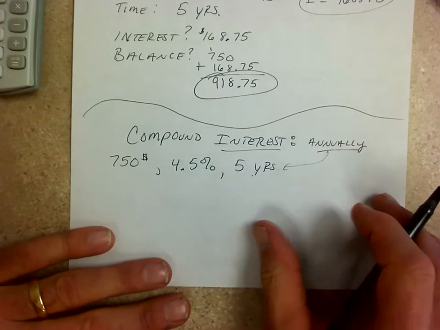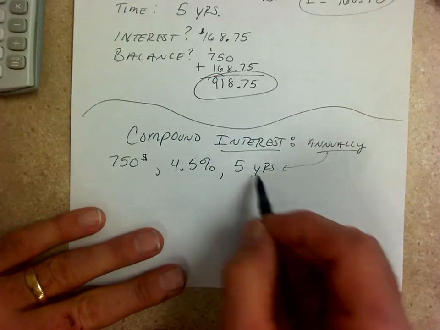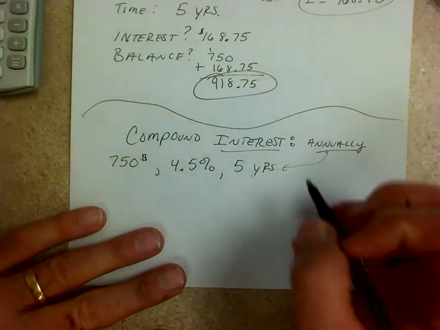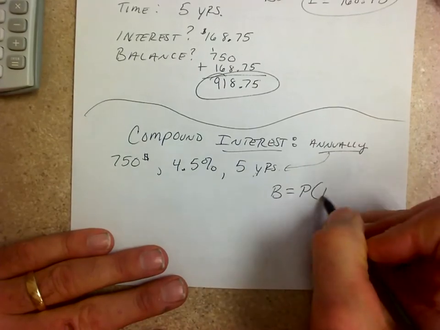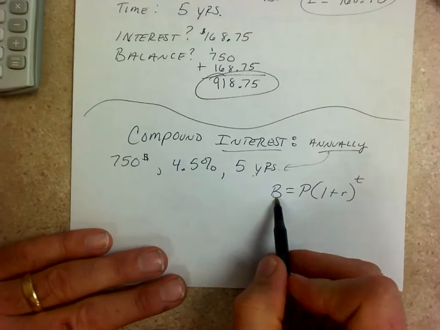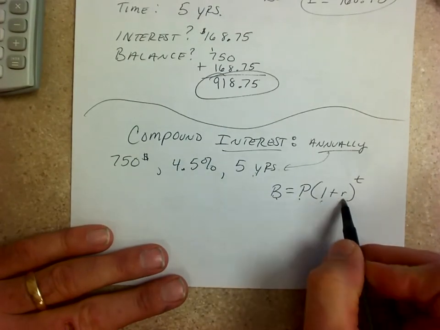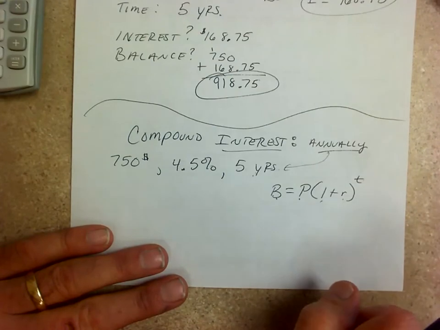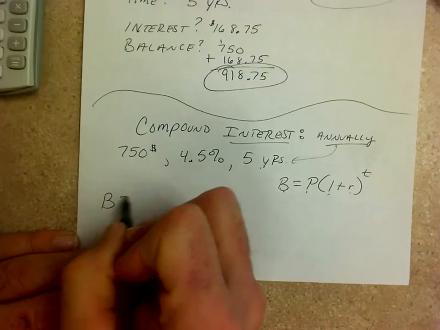So this tends to be more involved than the one above. To make things simple for us, we're just going to use the formula that we gave you in class today. To calculate the balance, we're going to take the principal times the quantity of 1 plus the interest rate, raised to the t.